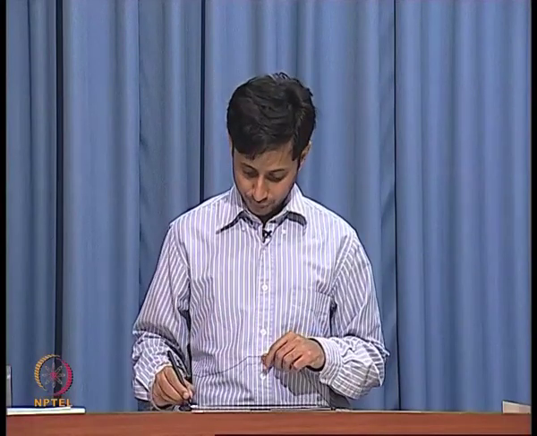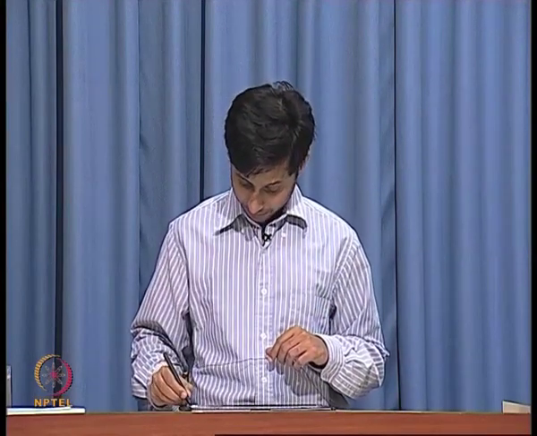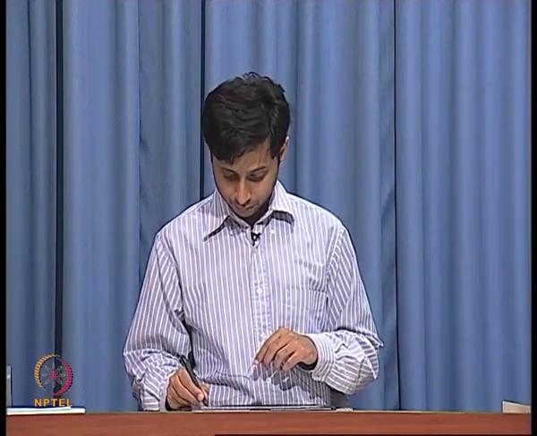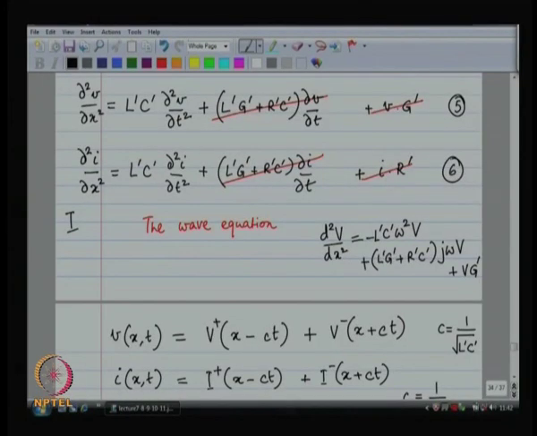We came up with 3 and 4, I am sorry, we came up with these two, let us call this 5 and 6, which are my final partial differential equations, just that these two are no longer coupled to each other, they are independent of each other now.